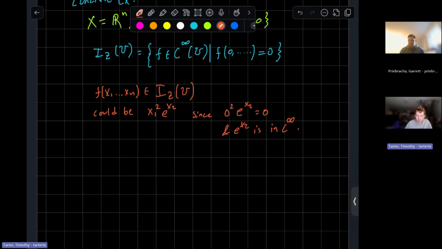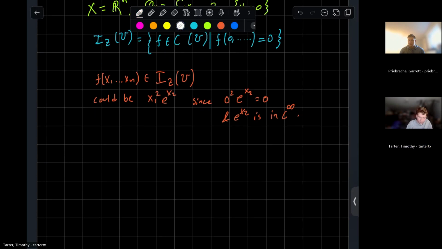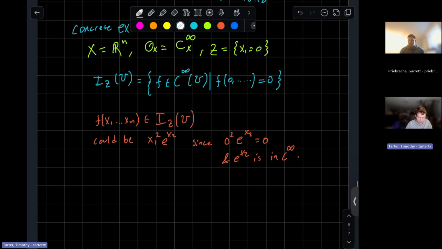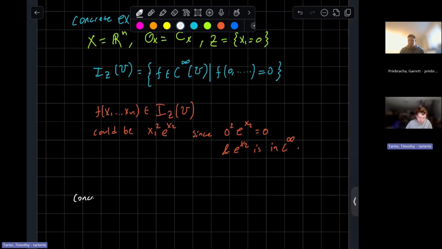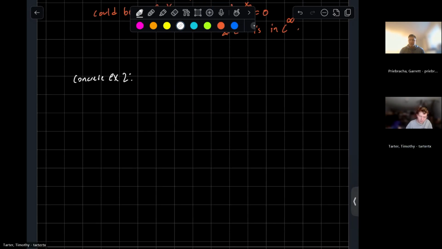For a more algebraic geometry example, concrete example 2: let x be a point in our space, then let Z be equal to the singleton set x.